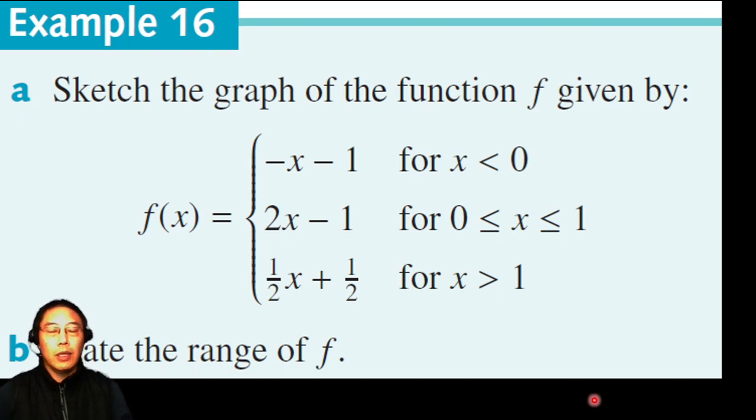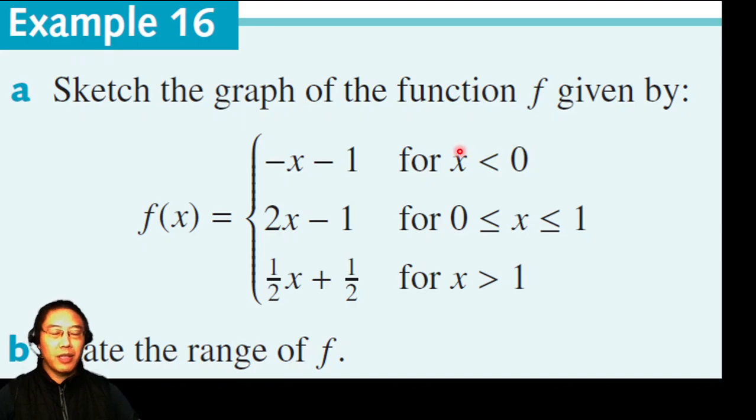Alright, so look at this example. This is a piecewise defined function. You can see the domain. If I take all the x values, it's all the negatives, from 0 to 1, and greater than 1. That is your real number set. And it was done here, it splits into three subsets.